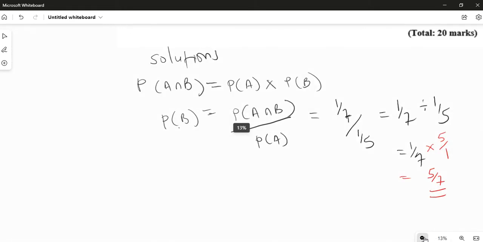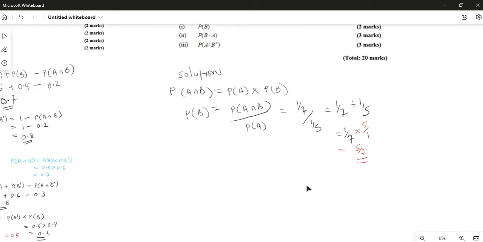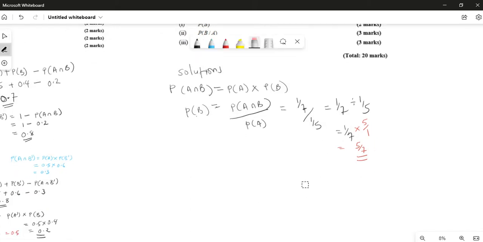So remember, the probability of B occurring if A occurs is equal to the probability of A intersection B over the probability of A. So you notice these two are similar, because this is the formula for conditional probability.